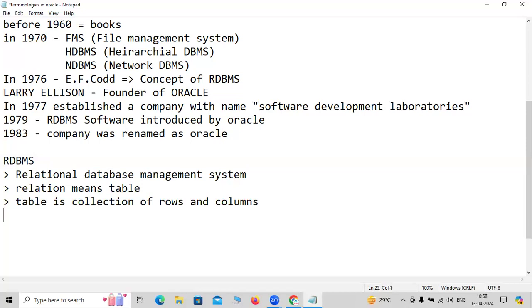So in general, a table is having columns having different names. For example, suppose we have a customer table.